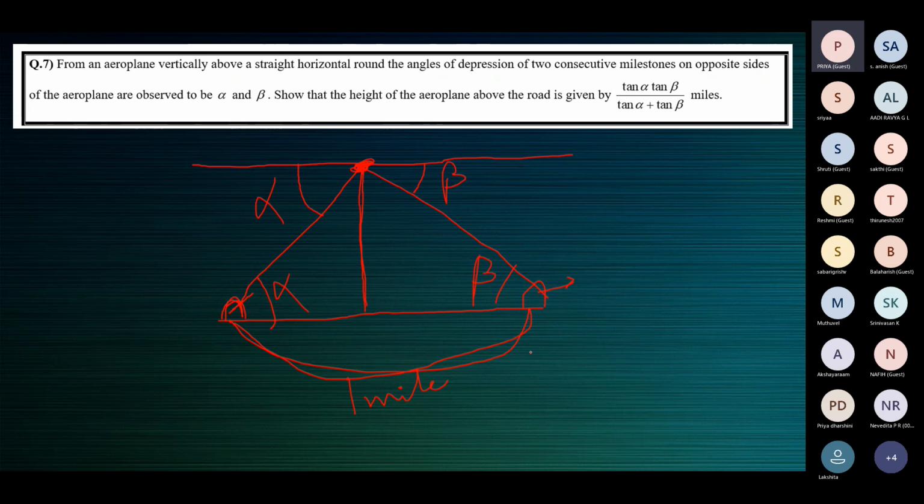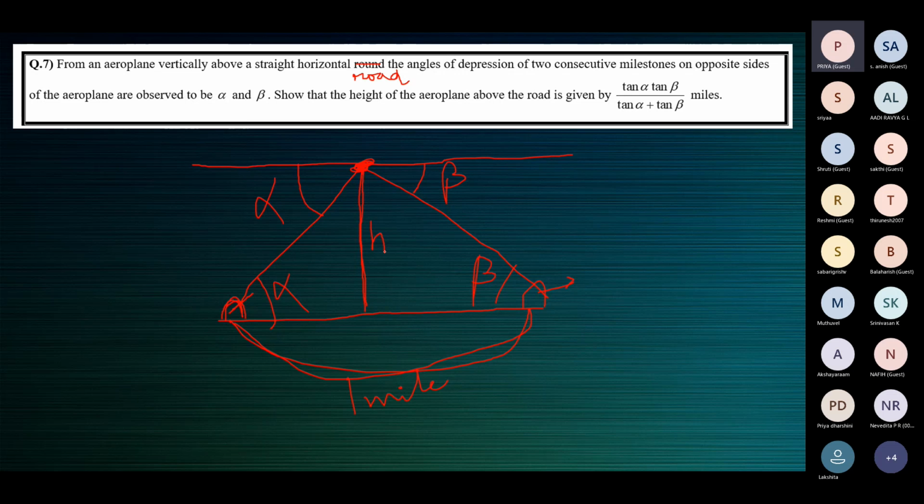Show that the height of the aeroplane above the road, oh, that's a road, not a ground, road, is given by tan alpha tan beta divided by tan alpha plus tan beta miles. So you need to find H. You need to get the result like H is equal to tan alpha tan beta by tan alpha plus tan beta miles.